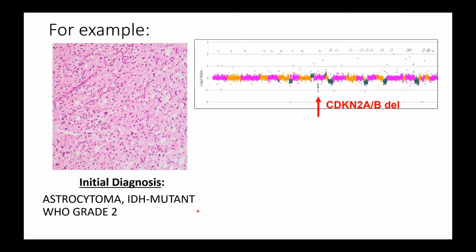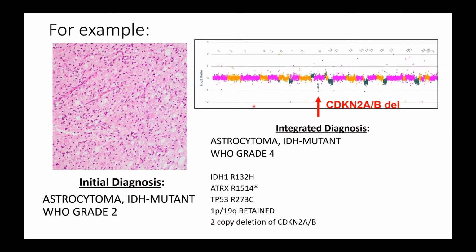We did our molecular testing, and what we found was that, again, this is a log2 plot. So we're seeing all of these regions that are right around 0 are all normal or diploid regions of the genome. And those that are deviant from that diploid state are highlighted in this green color. And right here in chromosome 9 is a 2-copy loss of CDKN2A, very focal.